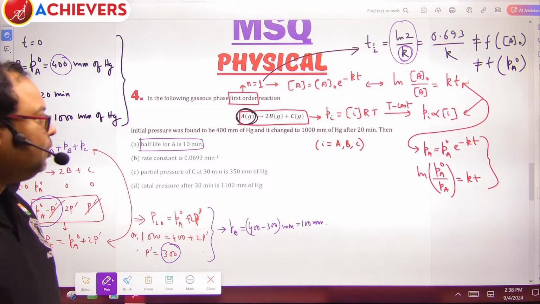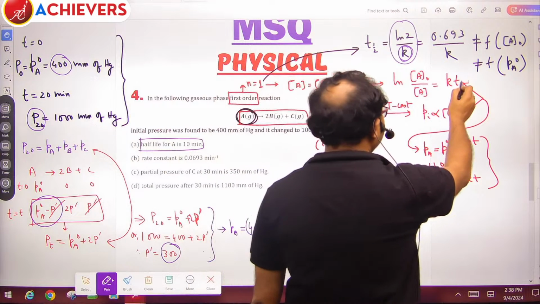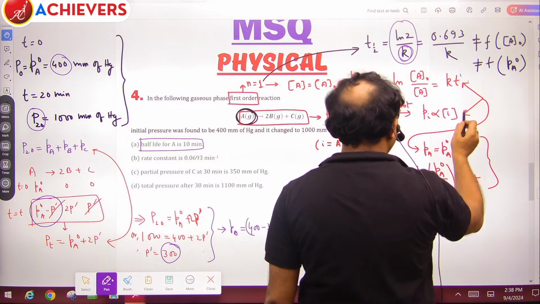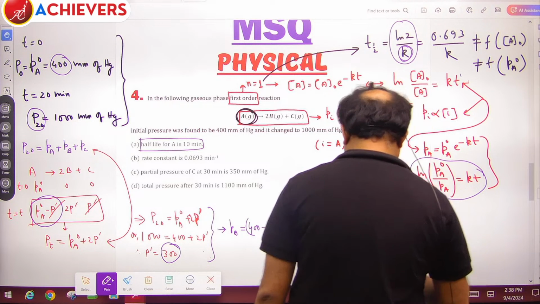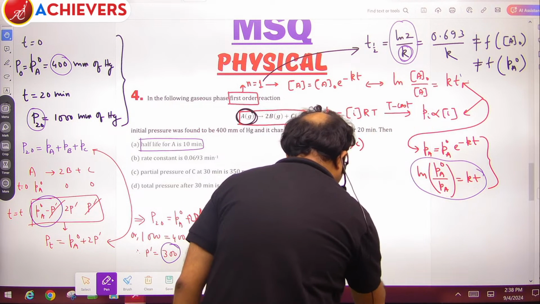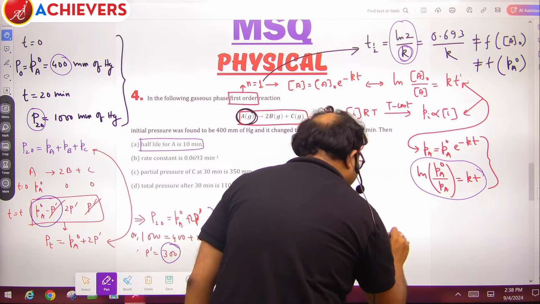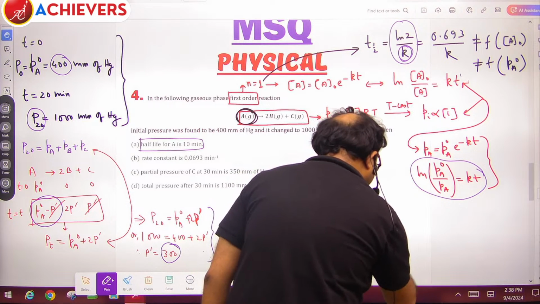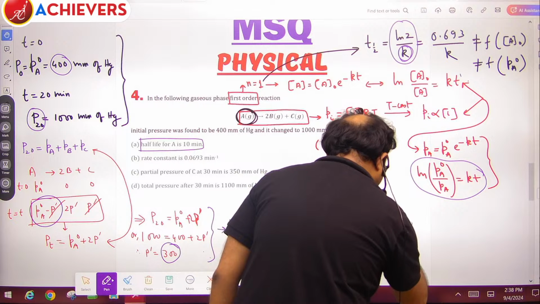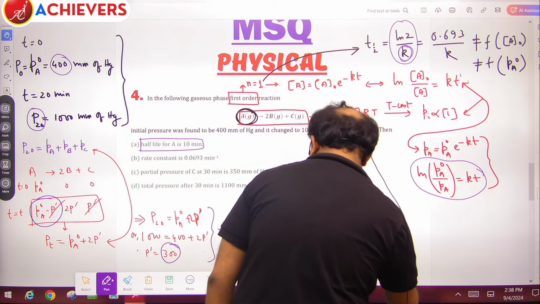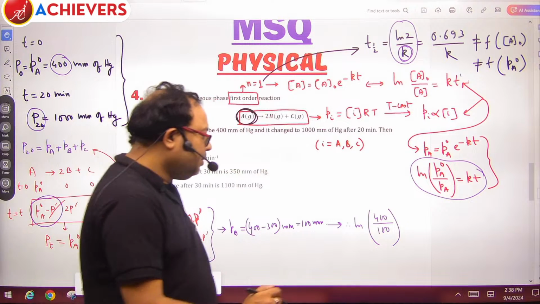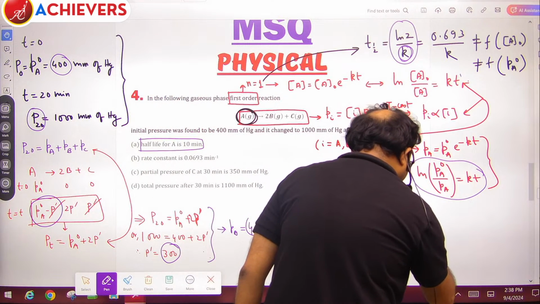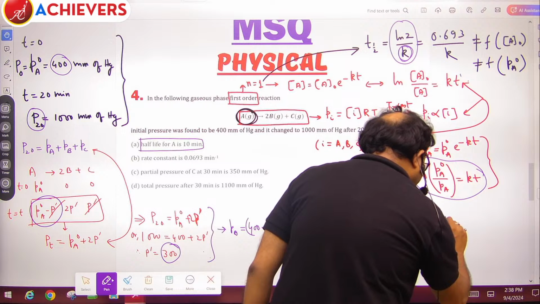Now you substitute the value into this particular equation. Therefore, ln of PA naught 400 divided by PA, PA is 100, equal to K multiplied by 20 minutes.